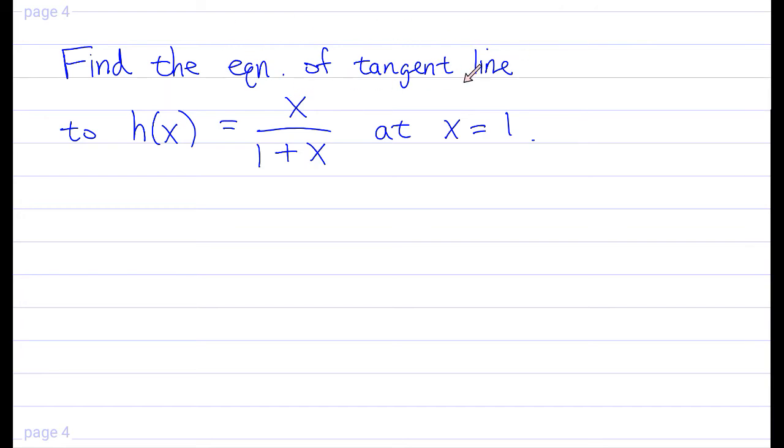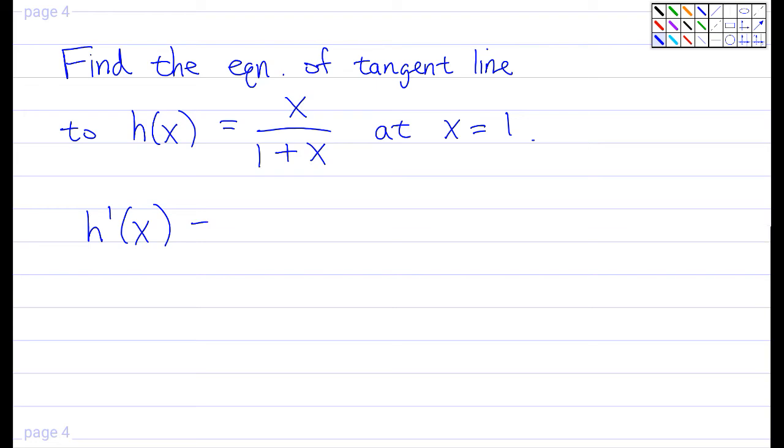Well, the first thing to figure out the equation of a line is to determine the slope of that line. To get the slope of that tangent line, well, that's the same as the derivative evaluated at x equals 1. Well, it's kind of convenient, isn't it, that the previous example we just did was, in fact, to find h prime of this function. What result did we get?